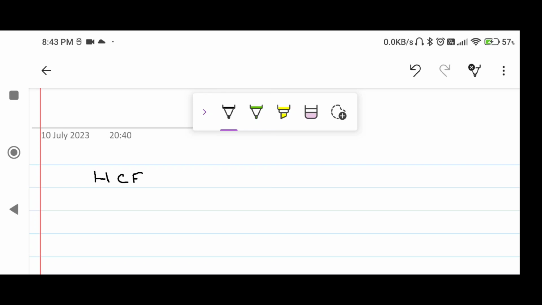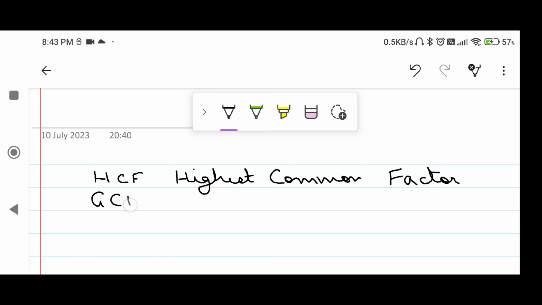So children, the full form of HCF is highest common factor. It is known by another name, that is GCD, and the full form of GCD is greatest common divisor.